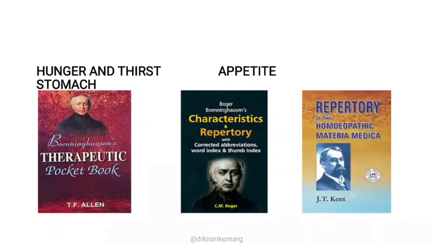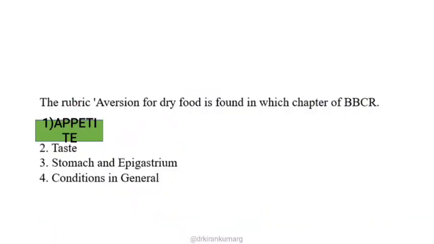In Kent's repertory it is given in the stomach chapter, whereas in the BBCR repertory it is given in the appetite chapter. I repeat once again, desires and aversions are given in the hunger and thirst chapter of BTPB, the appetite chapter of BBCR, and the stomach chapter of Kent's repertory. So the right answer is appetite.